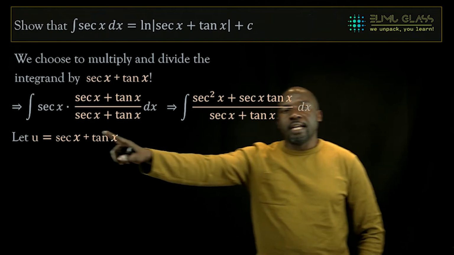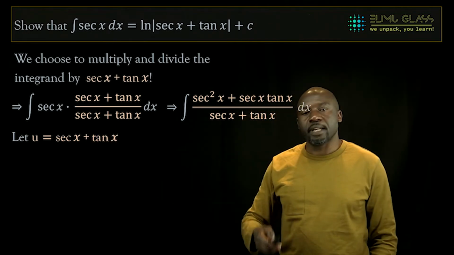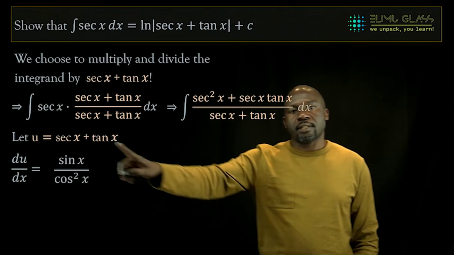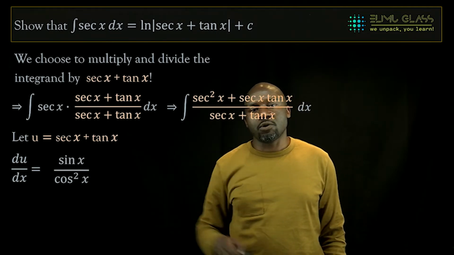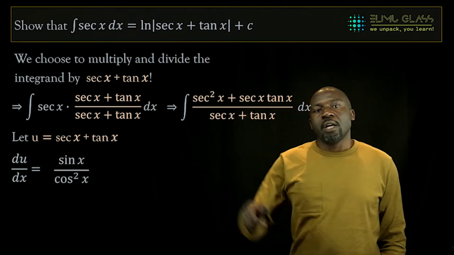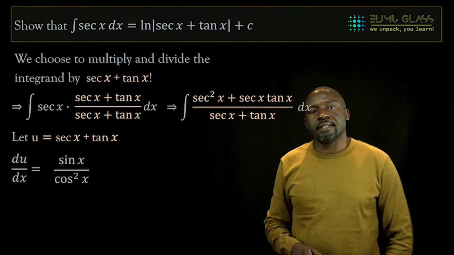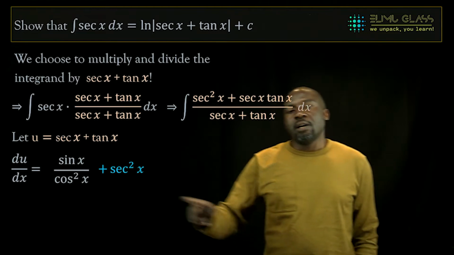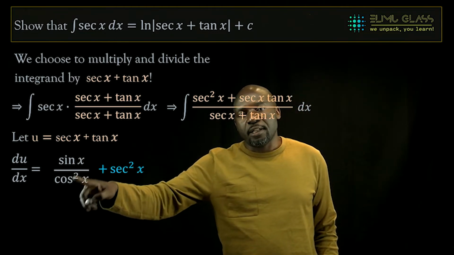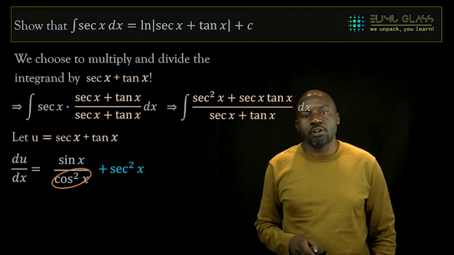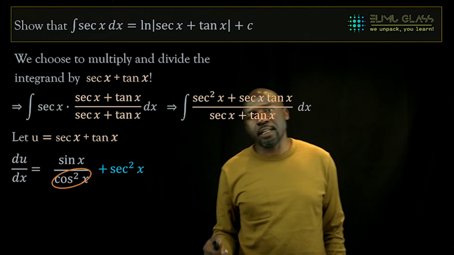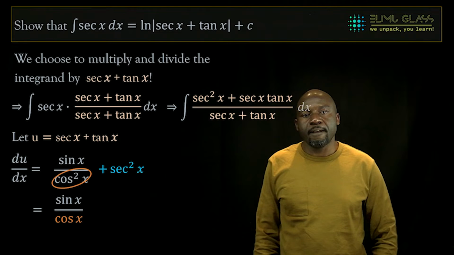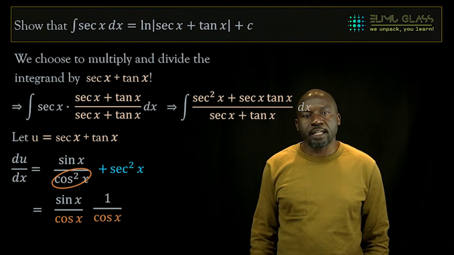Okay, so if we let u be sec x plus tan x, then du by dx gives us sine x over cos squared of x, as we've already shown. The derivative of tan x is sec squared of x, so we'll say plus sec squared of x. All right, I split this into two as previously shown by splitting the cosine into cosine times cosine. So one part we have sine over cosine, and the other one is 1 over cosine.